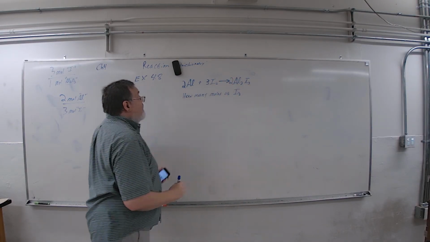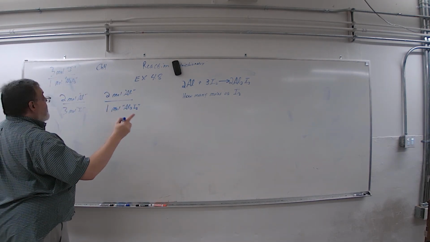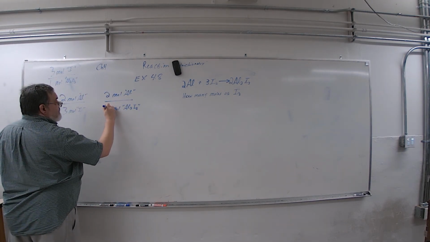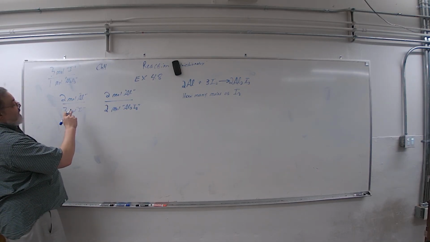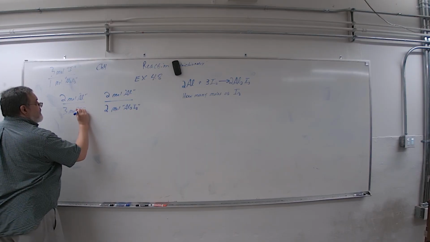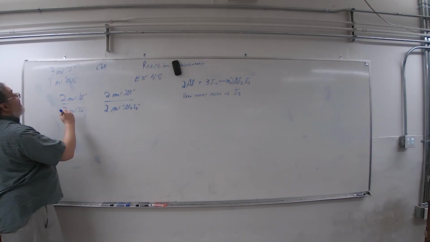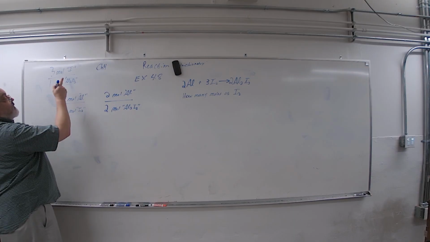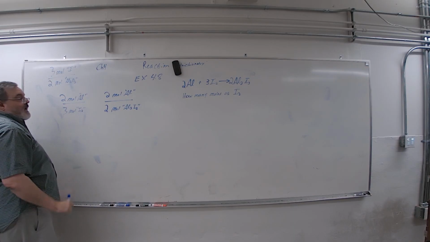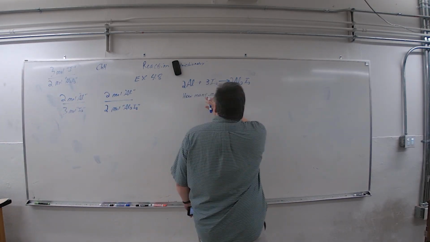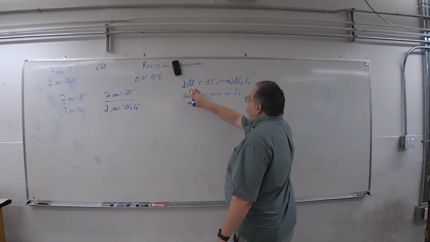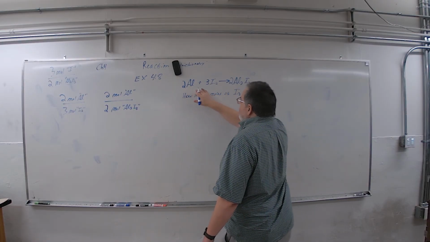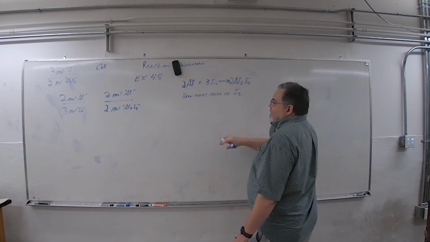There's a 2 there. 2 Al, 2 of these. All right. 2 moles of Al, 3 of I2. And then 3 moles of Al2I3, my bad. All right. That's actually what it says. So now if I did those relationships, that's what it would say. 2 of these to 2 of these, 2 of these to 3 of these, and 3 of these to 2 of these.